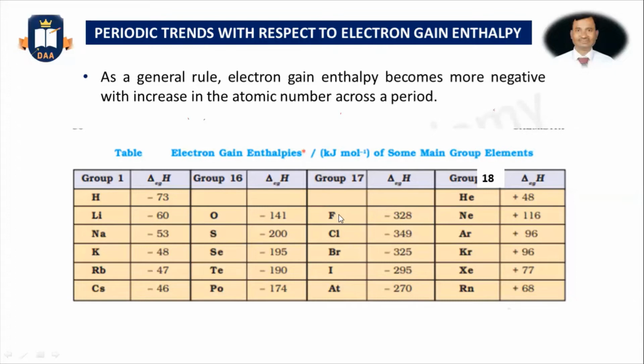So with the increase of atomic number across a period, electron gain enthalpy will be more negative.